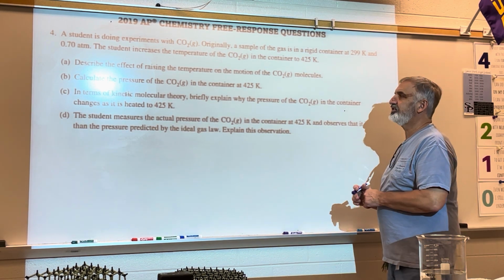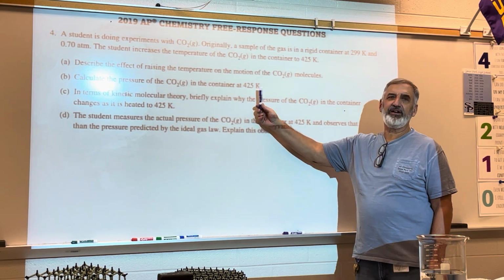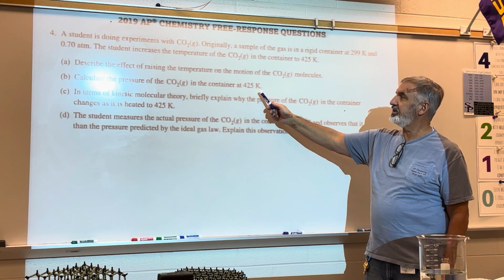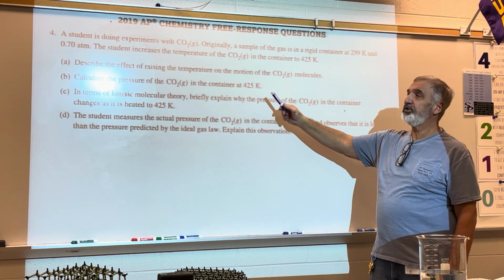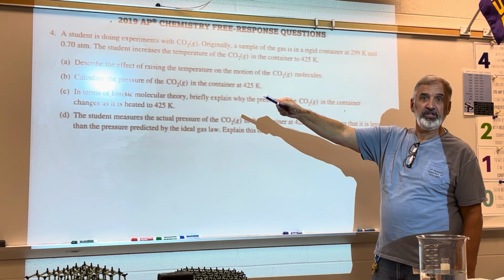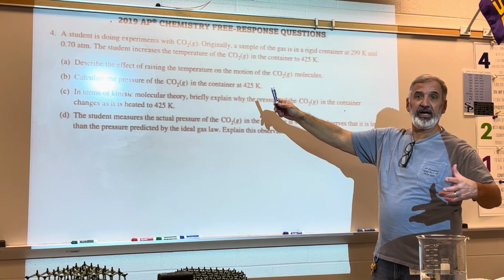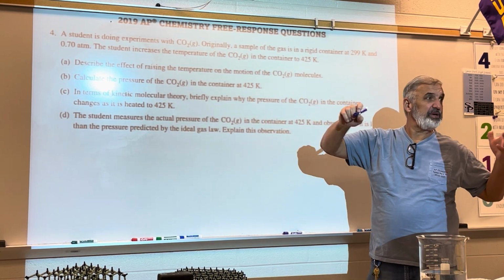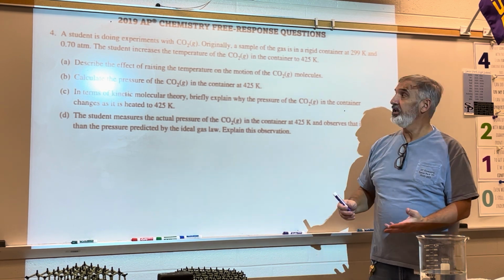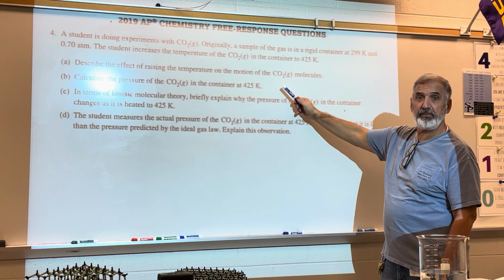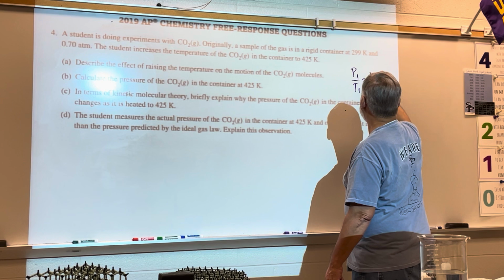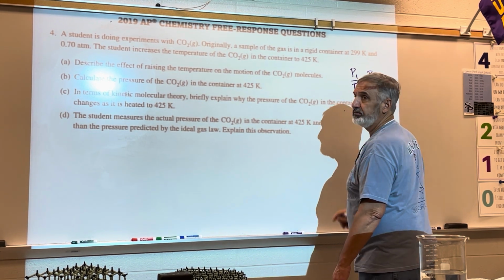Now, I think I have to stand corrected here because I've said I hardly ever see Gay-Lussac's law used. Okay, calculate the pressure at 425 K. All you have is temperature and pressure. You don't have any moles or grams in order to use PV equals nRT. But we know the relationship between pressure and temperature is directly proportional. So it's P1 over T1 equals P2 over T2.